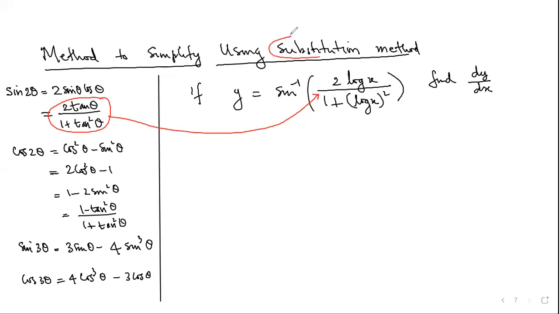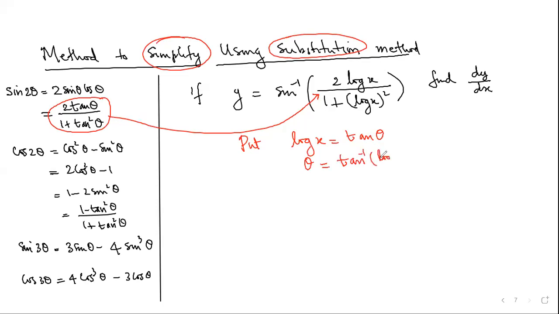So your substitution is to put log x as tan theta. And this theta will be removed after I simplify. For simplification only, I'm substituting. So I will write theta as tan inverse log x. Do you agree with the statement I've written?